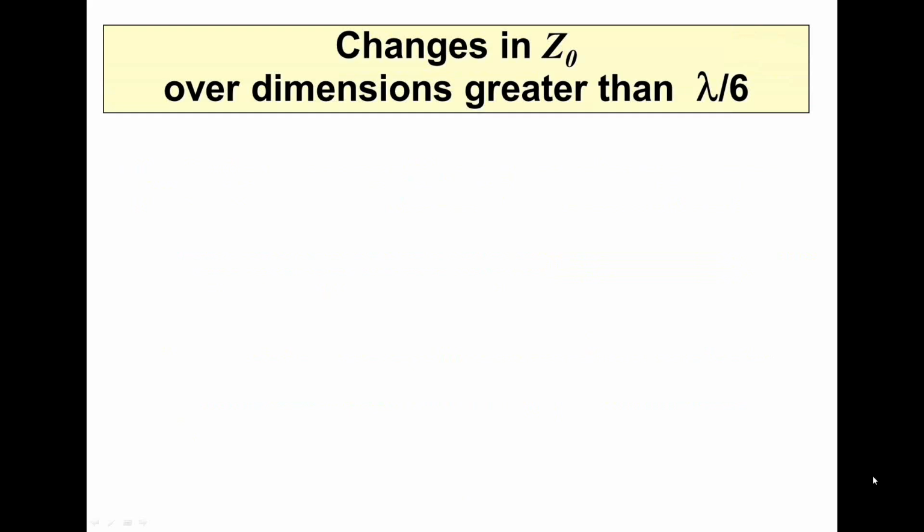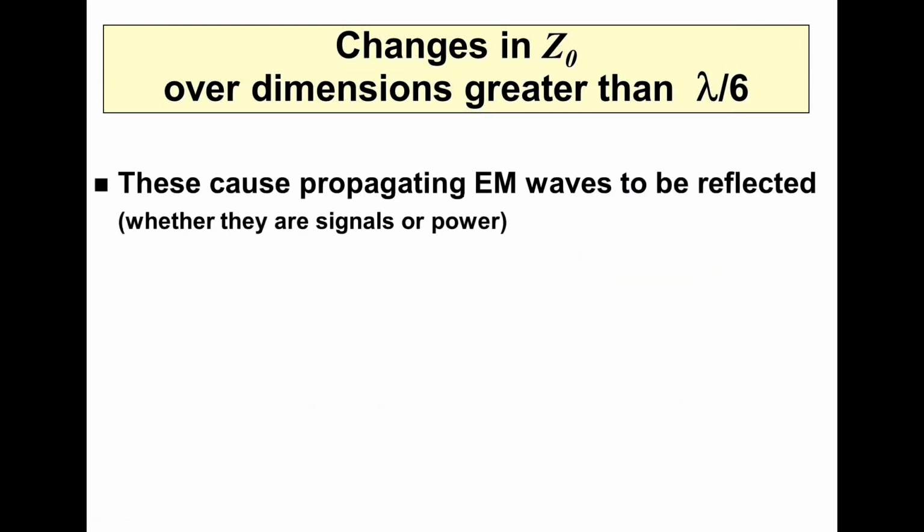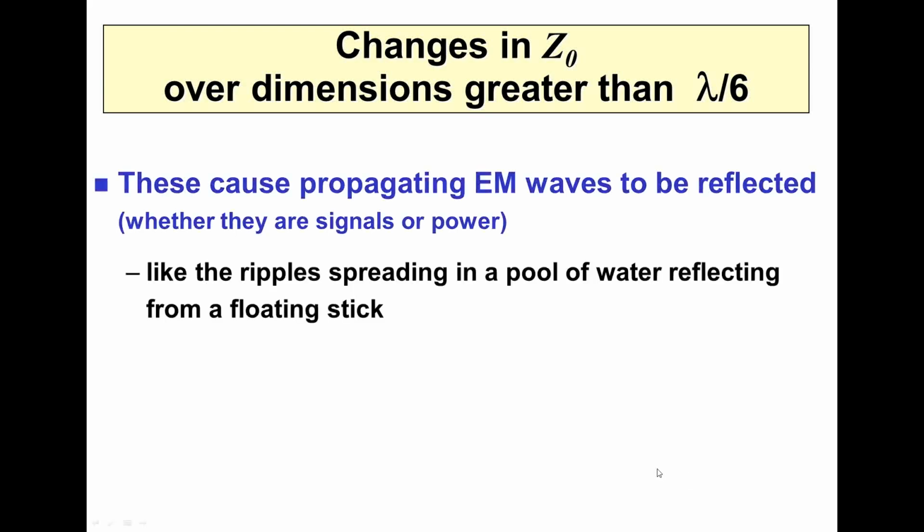What if you change Z0 over dimensions greater than 1/6 of the wavelength? Well, these cause the propagating waves to be reflected. It doesn't matter whether the propagating wave is signal or power. If you see a floating piece of wood in a pond, and drop your pebble in, and see the waves spread across towards the stick, you'll see they reflect off the stick.